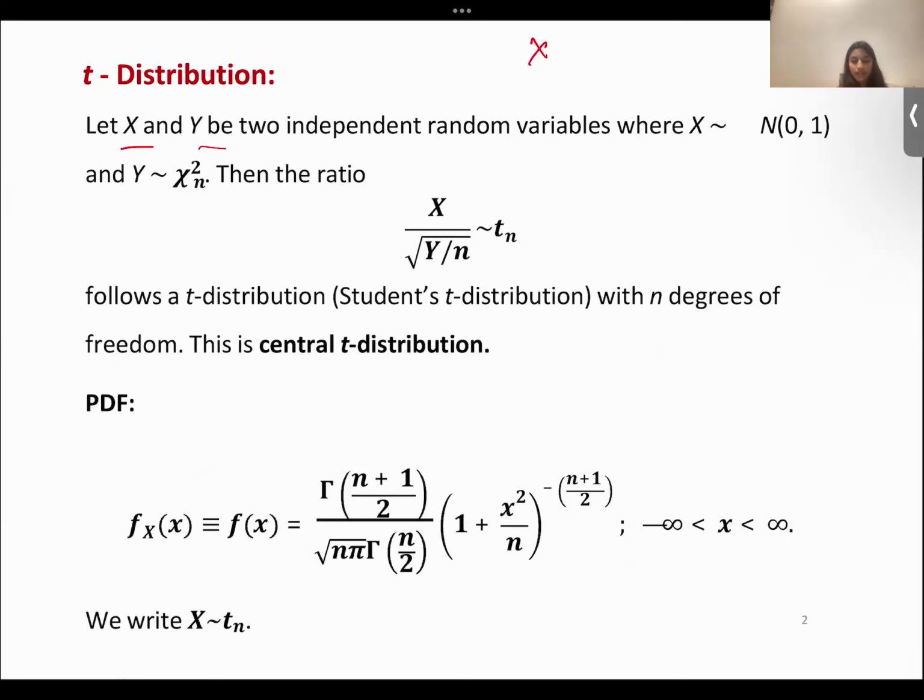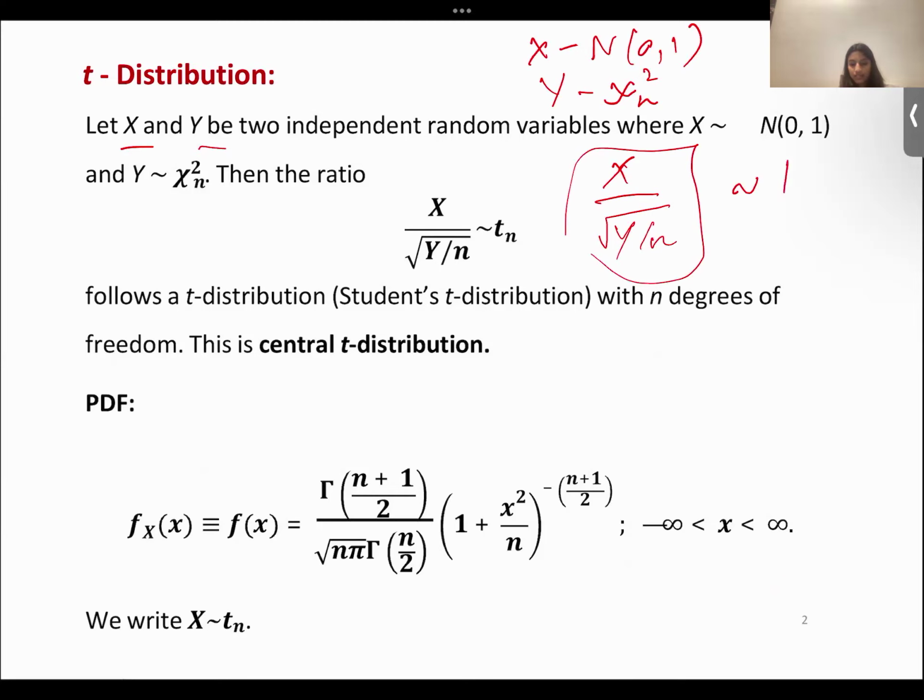One random variable follows a standard normal distribution, but the other follows a chi-square distribution. The ratio of these two, x divided by the square root of y by n, follows a t distribution with n degrees of freedom, again n samples.